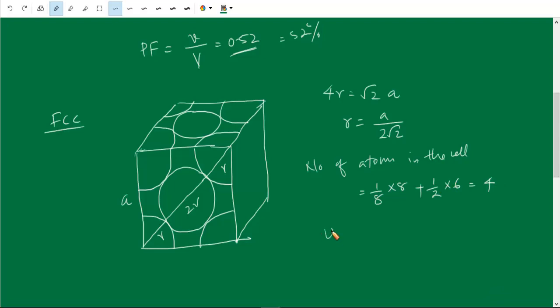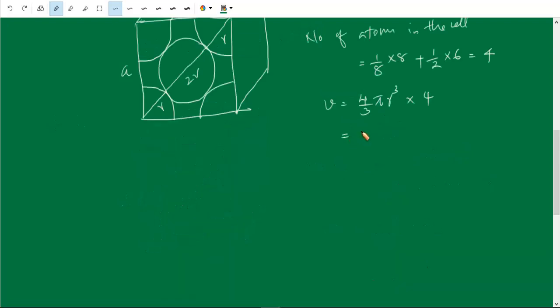Therefore the volume of atoms in the unit cell V is equal to 4 by 3 pi R cube into 4, which is equal to 4 by 3 pi, with R equal to a by 2 root 2, whole cube, into 4. On simplifying we get pi a cube divided by 3 root 2. The volume of the unit cell is a cube.